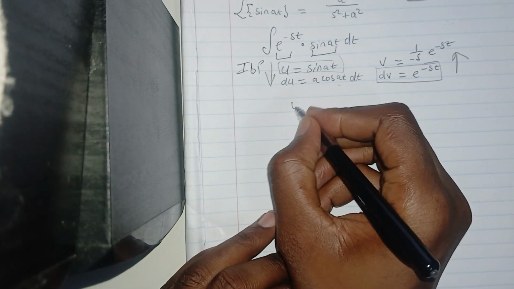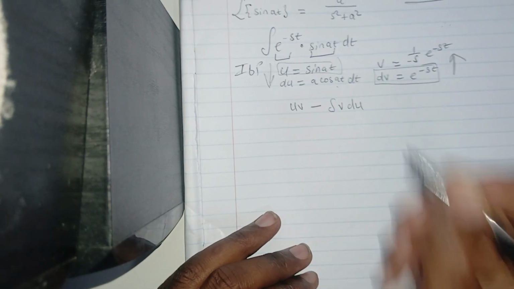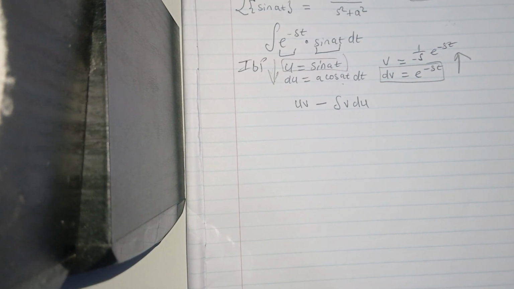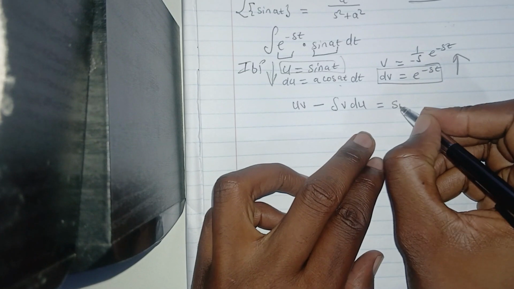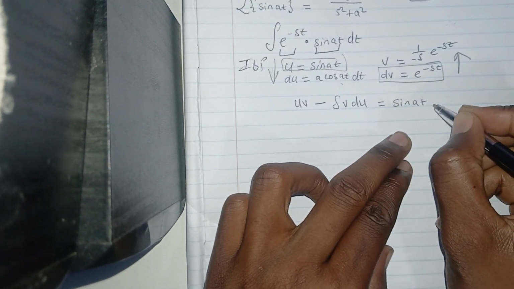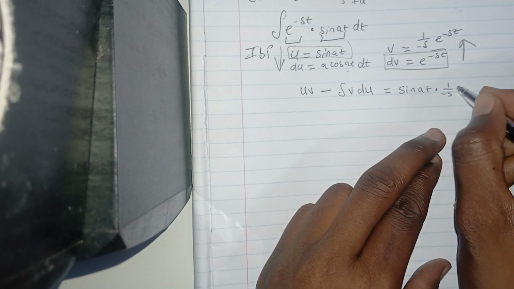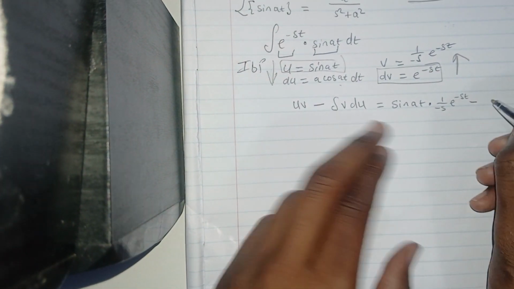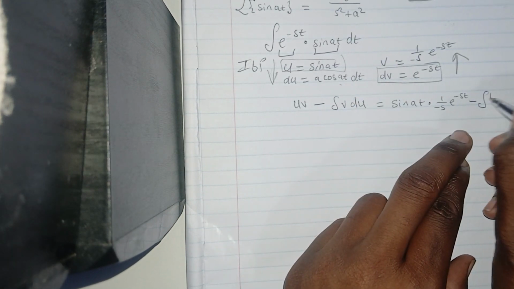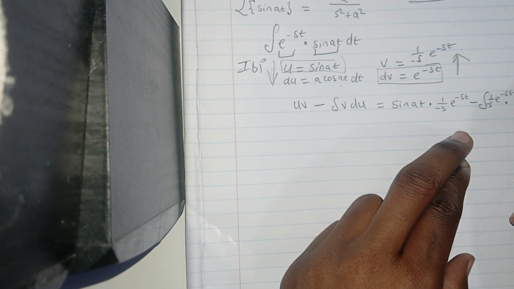the rule for integration by parts says that's how we should deal with it. Now that means we're going to say u v minus the integral of v du.